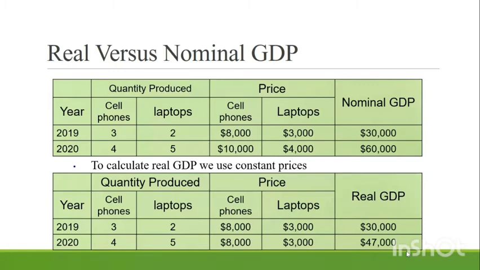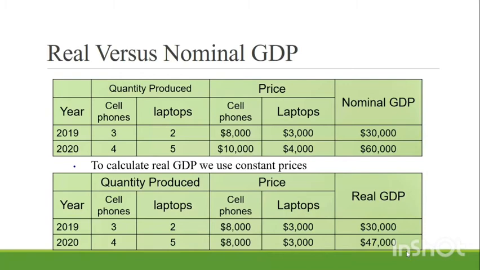So we take the price level which was prevailing in the market in the previous year, 2019, which is 8,000 for the cell phones and 3,000 for the laptops. Now, if we calculate the GDP, it becomes 4 cell phones at the price of $8,000, so 4 multiplied by 8 is $32,000, plus 5 laptops at the price of 3,000, which is $15,000.